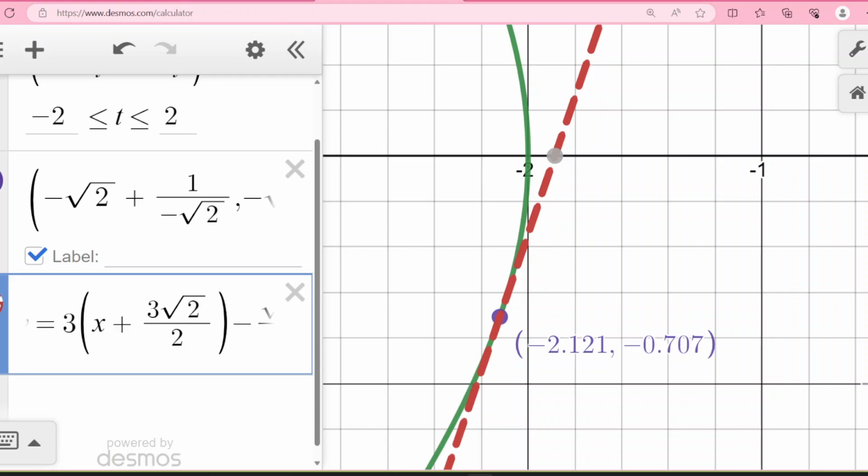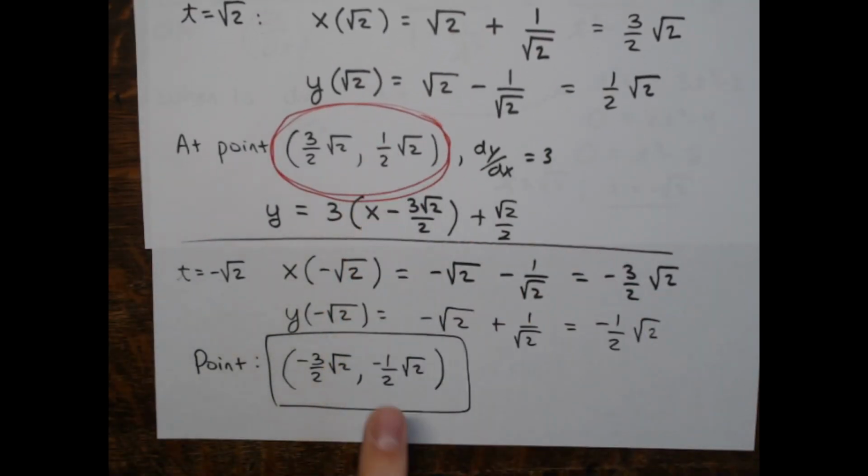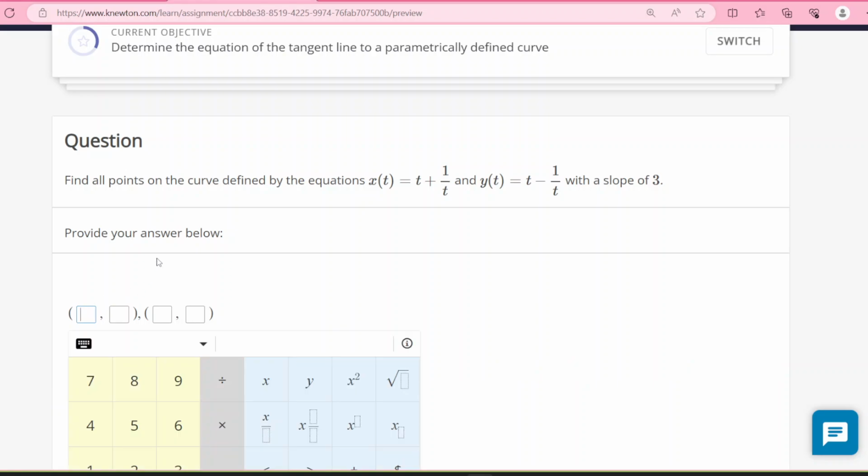So yeah, our answers are these 2 points. The curve has a slope of 3. All right, so one of them was at 3 square root of 2 over 2, and then the y coordinate was square root of 2 over 2.